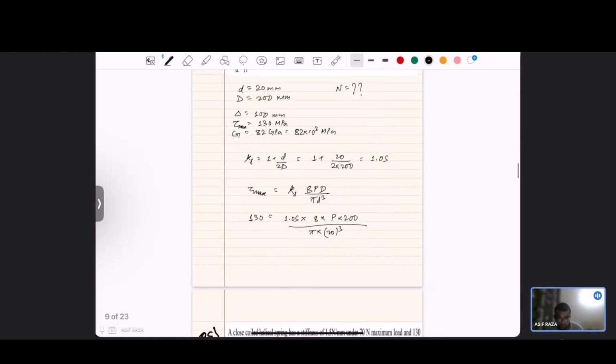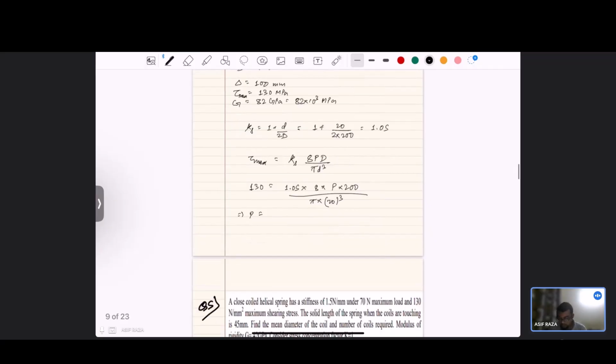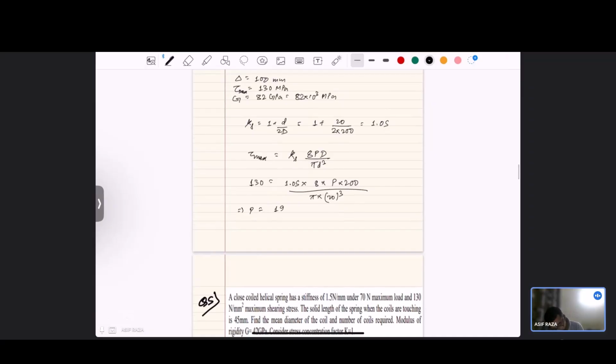So with this we can calculate P. So P would be equal to 130 into pi into 20 cube divided by 1.05 divided by 8 divided by 200. So this comes around 1944.79 Newton.